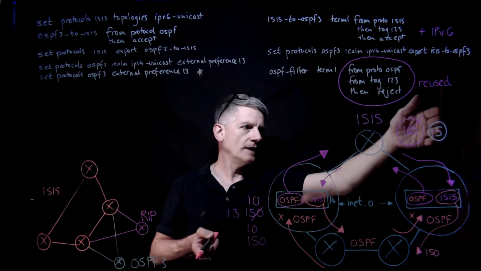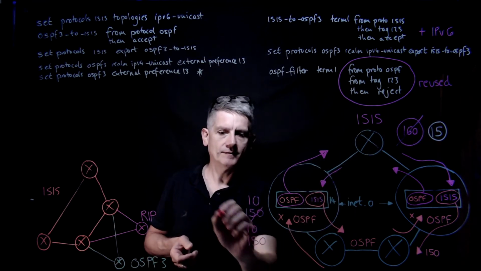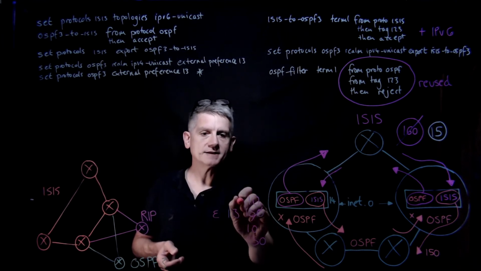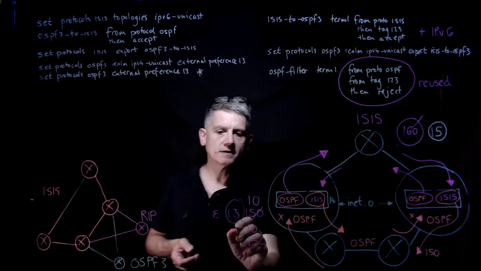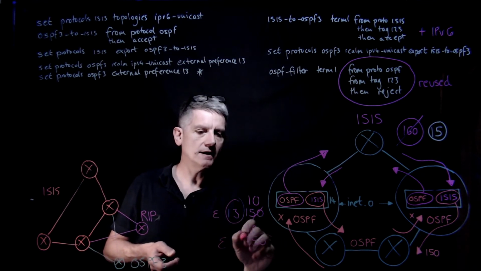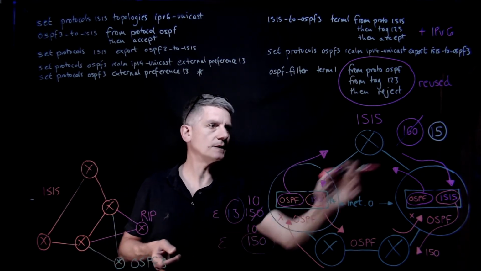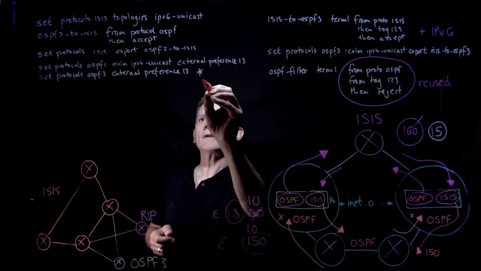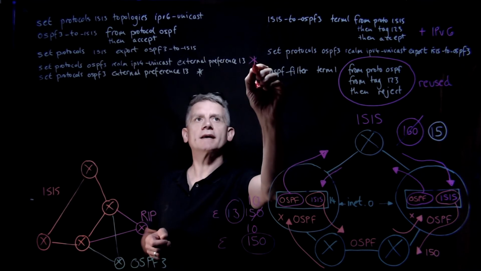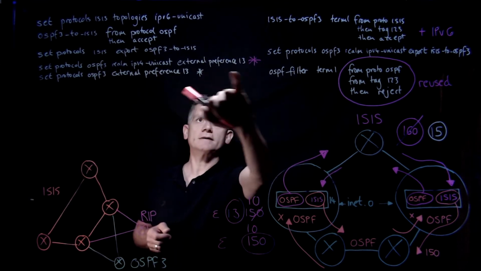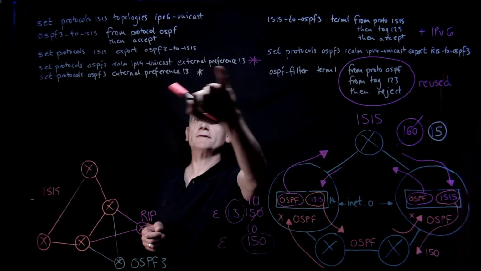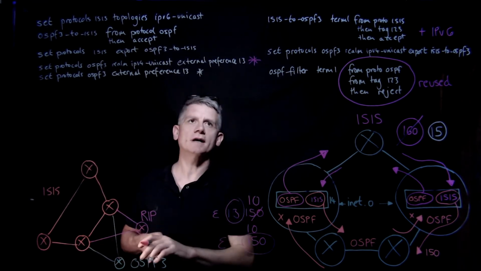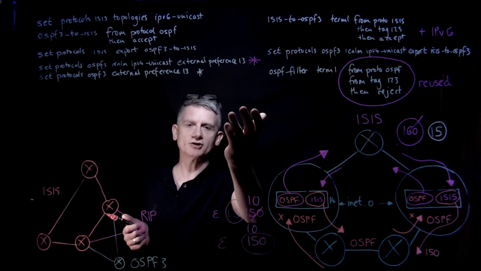So the external for version 4, which we have here, they really need to be at this 13 level, but the external for the version 6, they can actually stay at the 150 because their ISIS value will be 160. So therefore, although we need this particular command here to drop the external preference for IP version 4, the IP version 6 external preference, in a sense we could leave it. We're just changing them both for symmetry.